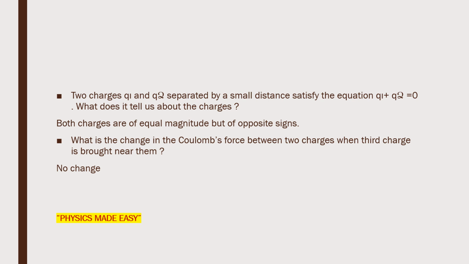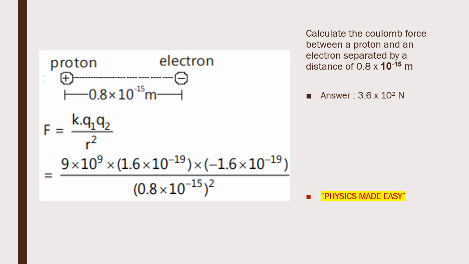Next question, what is the change in the Coulomb's force between two charges when a third charge is brought near them? As the Coulomb force is a two-body interaction force, no change occurs when the third charge is brought near them.